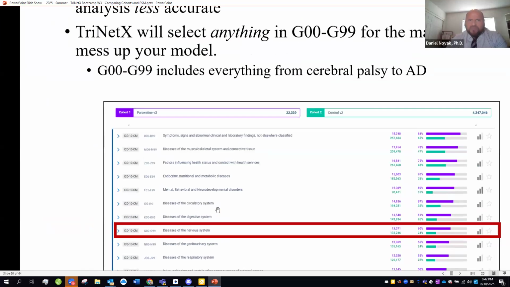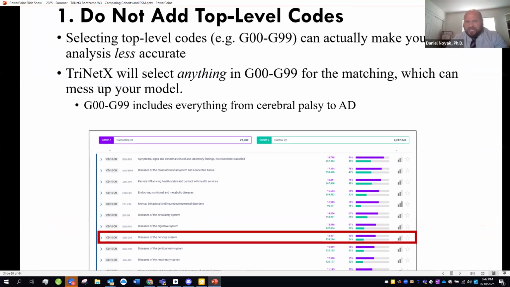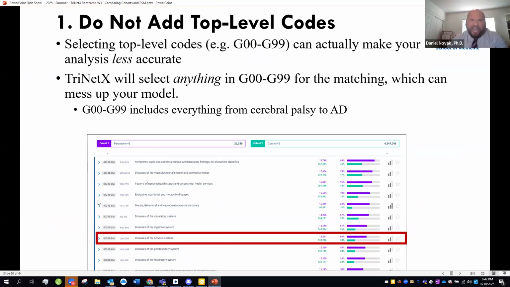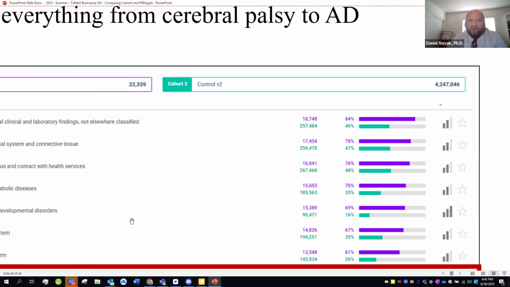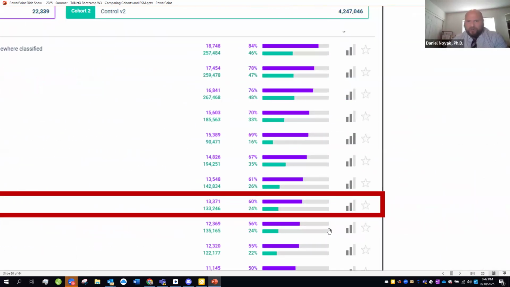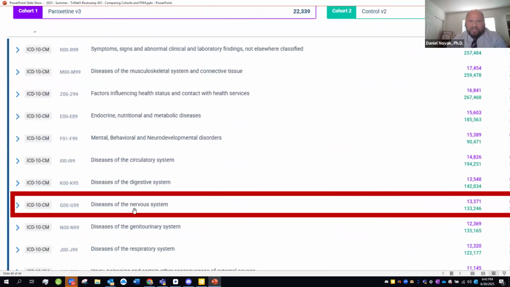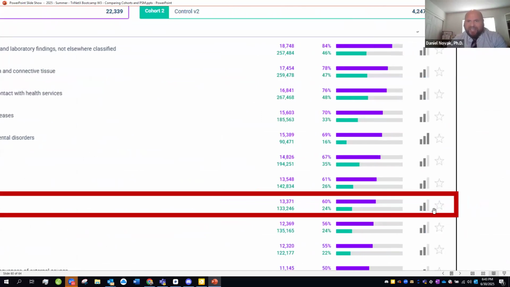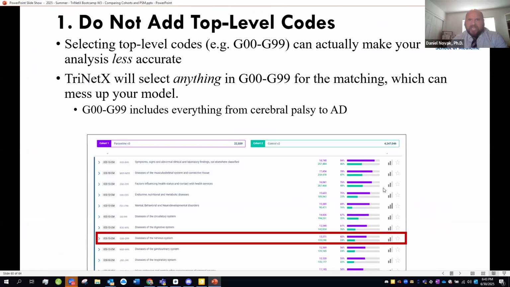Well, the reason you really shouldn't do that is because in TriNetX, if you select all of these characteristics at this top level, all diseases of the circulatory system, for example, in this case, all diseases of the nervous system, and you select that as one of your propensity matching features, it's going to include everything under there. It could choose anything from those characteristics.